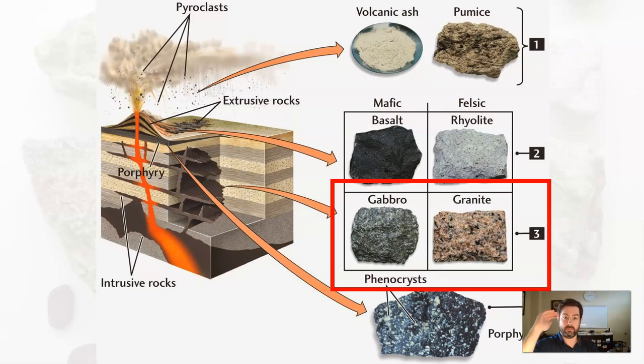So now I get a very rapidly cooled igneous rock with small crystal grains I can't see with my naked eye. And now I get a larger grained igneous rock with visible crystals I can pick out. Chemically, they're made of the exact same stuff, but they cool differently, so they have a different texture.